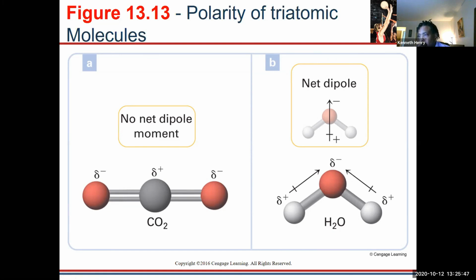Would it be polar? That's right, it's going to be polar. Going towards whom? This is carbon, this is oxygen. Who are we going towards? Who's more electronegative?